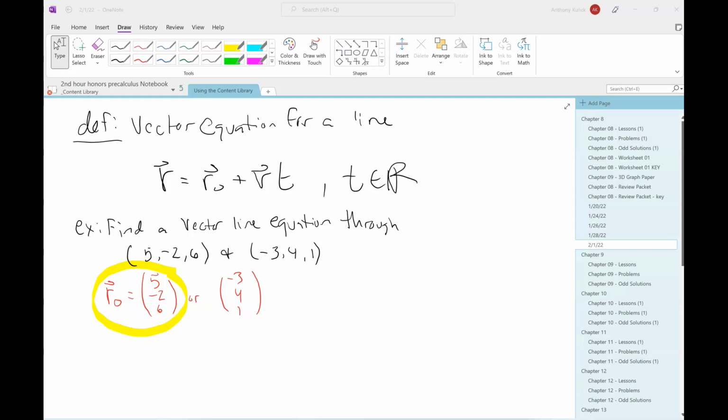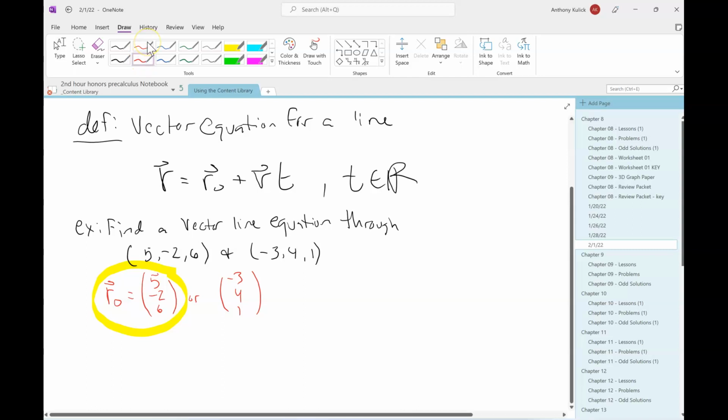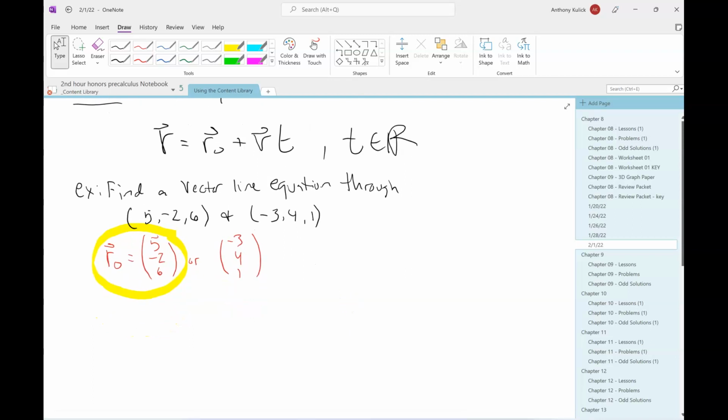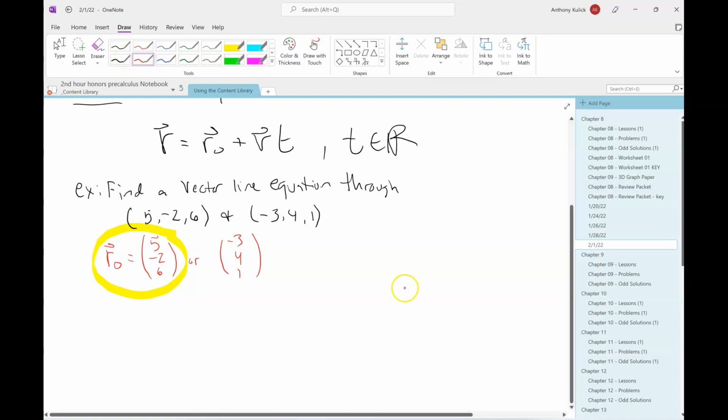In 2 dimensions, we used slope to find the direction vector. In 3 dimensions, we don't have slope because we don't have rise over run, because there are 3 dimensions in which the point is changing on our line. So what do we do? Well, if we have a point and a point, that would be a direction vector.